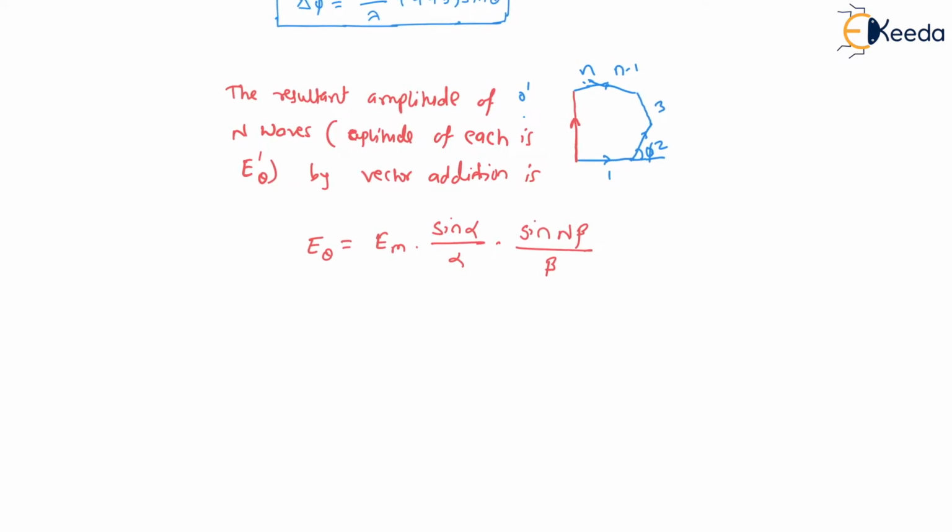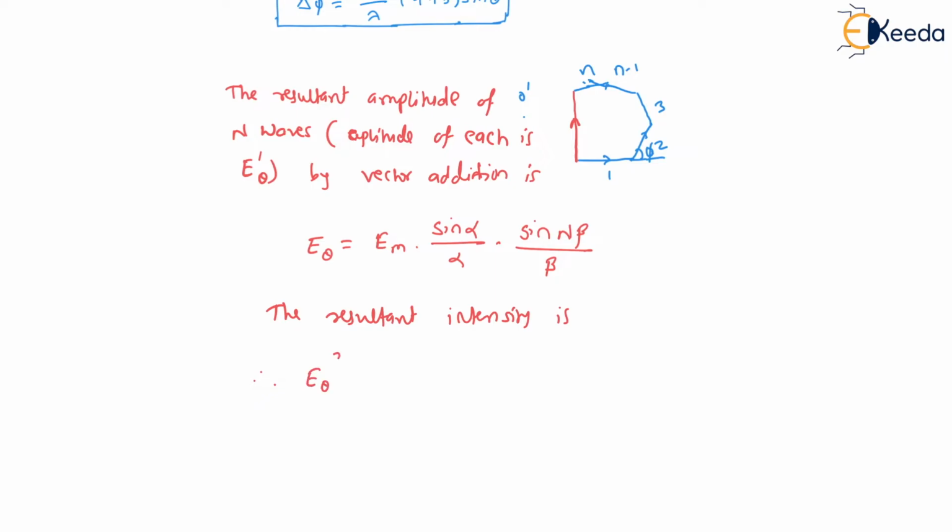Therefore, the intensity at point P, the resultant intensity, is simply obtained by squaring this equation.